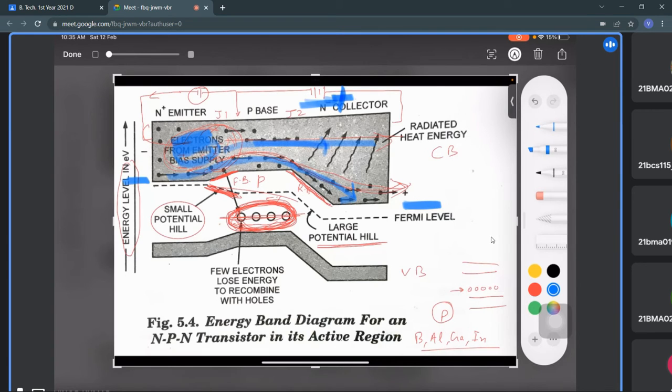But as the energy is coming down, because we have a large potential barrier here, they are going to be collected, but that energy is coming down, so there is a change in the energy level, and that energy is being radiated in the form of heat, right? That's why semiconductor devices get heated up. Okay.